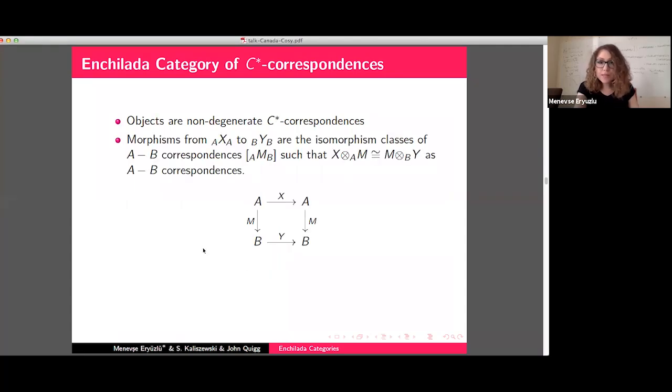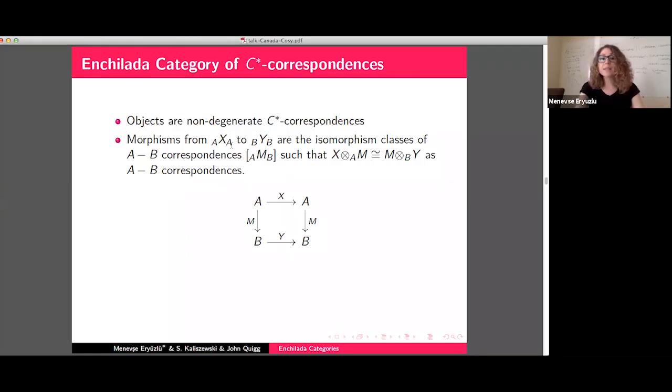And morphisms from one correspondence to another is an isomorphism class of AB correspondences, giving us this isomorphism. So each time we'll have this commutative diagram. Now, what does it mean for X and Y to be isomorphic in this category?